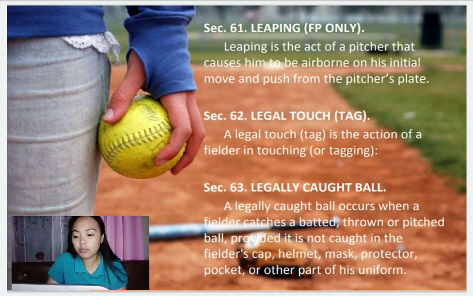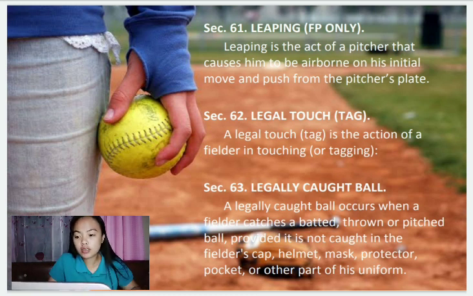So the pitch is completed when the pitcher lands and with a continuous motion delivers the ball to the plate. So the pivot foot may push off or follow through with this continuous action. So leaping is an illegal action.